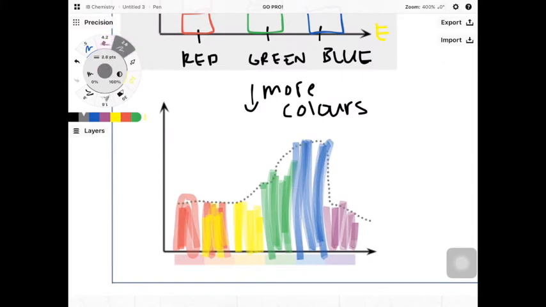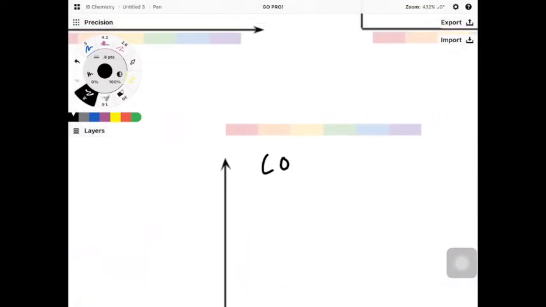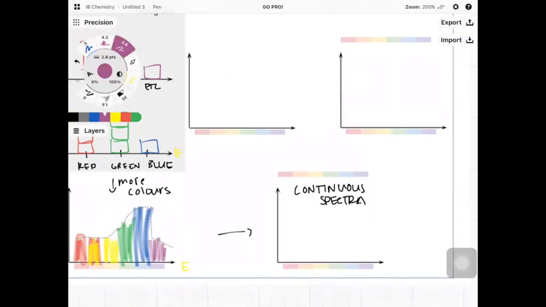And what we could get, for example, might be a curve that looks like this, where we're categorizing colors based on increasing energy. And in chemistry, this is known as a continuous spectra.